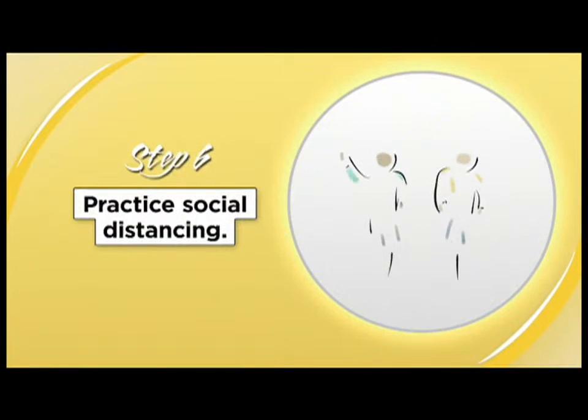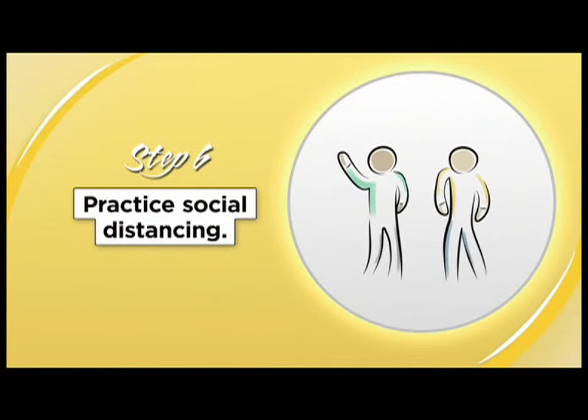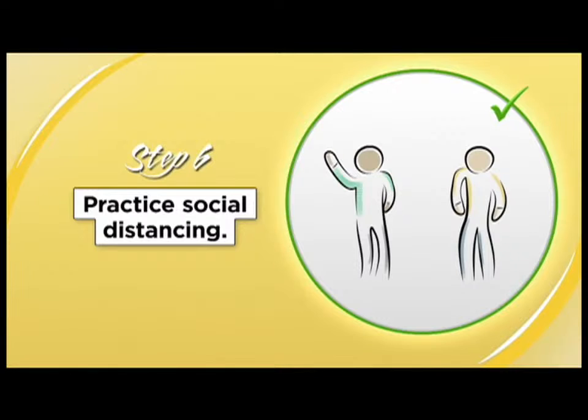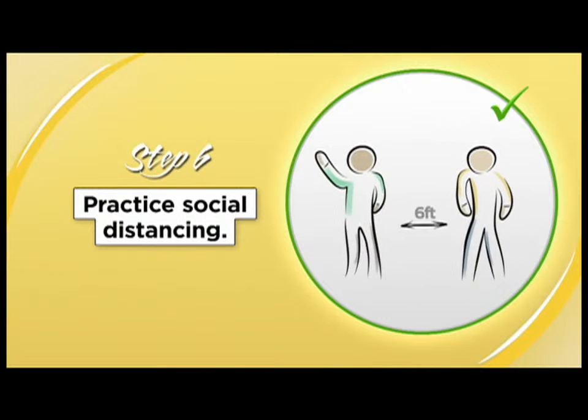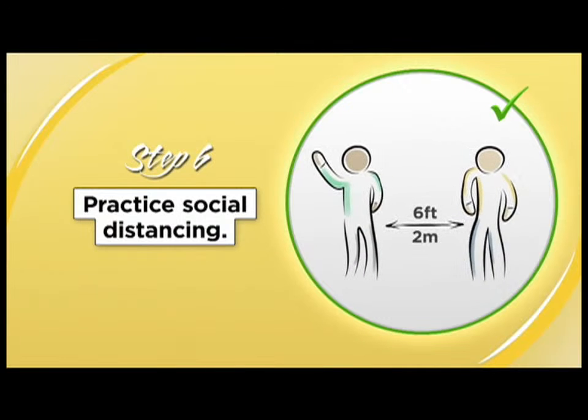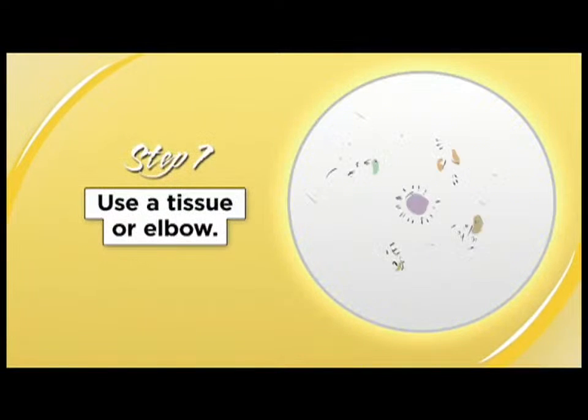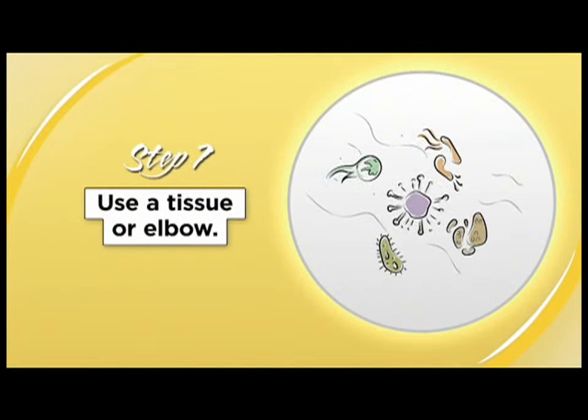Social distancing is deliberately increasing the physical space between people to avoid spreading germs. While regulations may vary by country or area, the best guideline for social distancing is to maintain a distance of 6 feet from others.